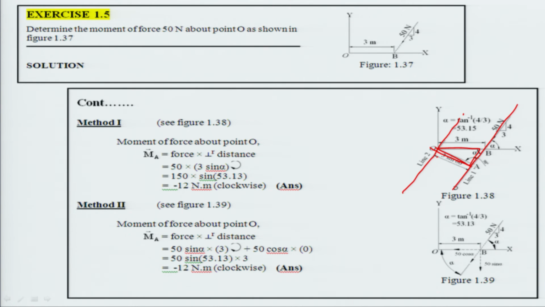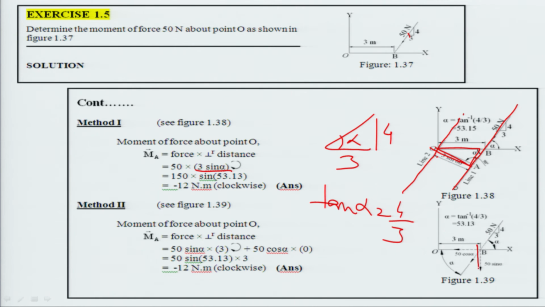What will be the value of this? This will be 3 sin alpha, and alpha can be calculated. Alpha is this angle. Tan alpha is equal to 4 by 3, and this value will be 53.13.